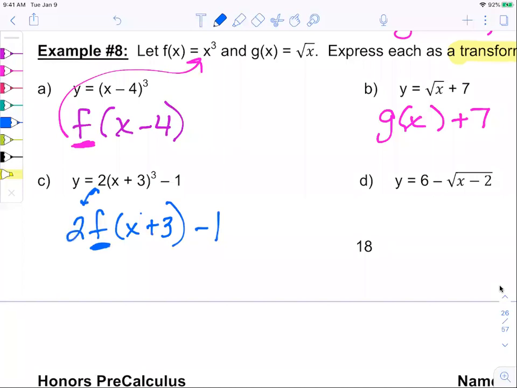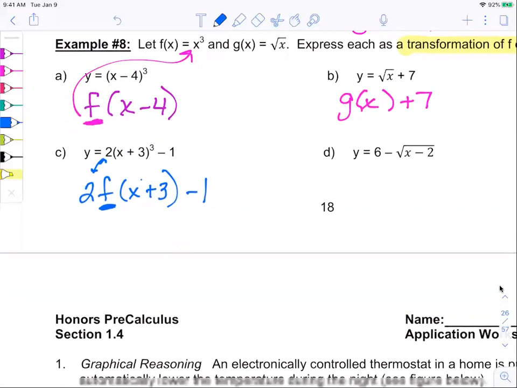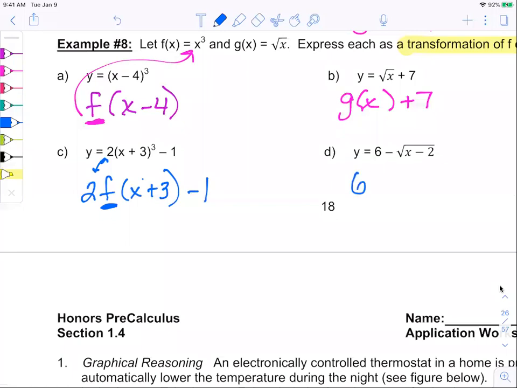So the equation doesn't really change in function form. The only part is we're not including the cube anymore because we're using the function f. But if you compare the two, they look identical. It's just not cubed anymore. So when we go to look at letter D, I still have a 6, I still have a minus.